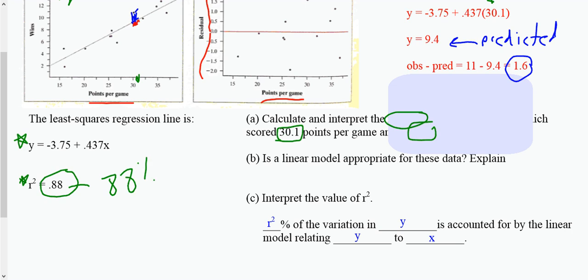Now this sentence structure is what you can use to interpret what that means. So we would say 88%, that would go here, of the variation in, and our y value was our wins. So 88% of the variation in wins is accounted for by the linear model relating wins to points per game.